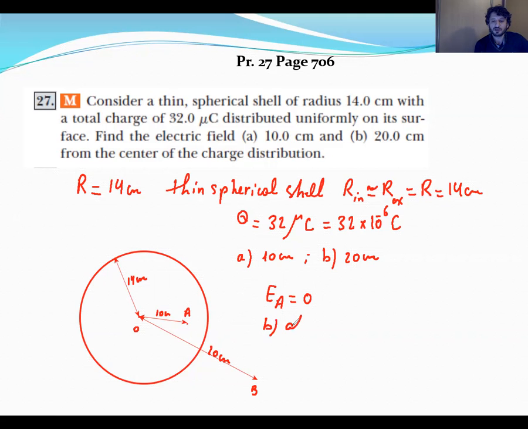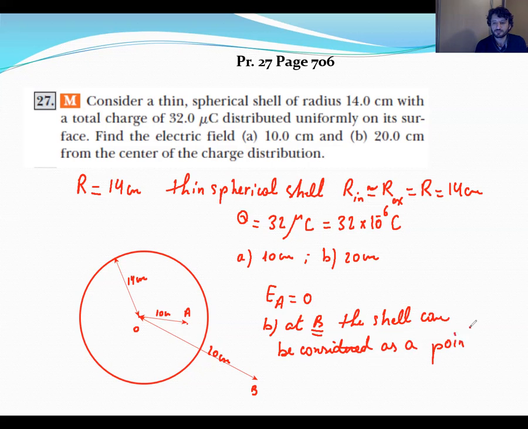Now I want to calculate at B. You know, also in the last video I said in the case of a sphere or a shell, the field from this object can be considered as that of a point charge.